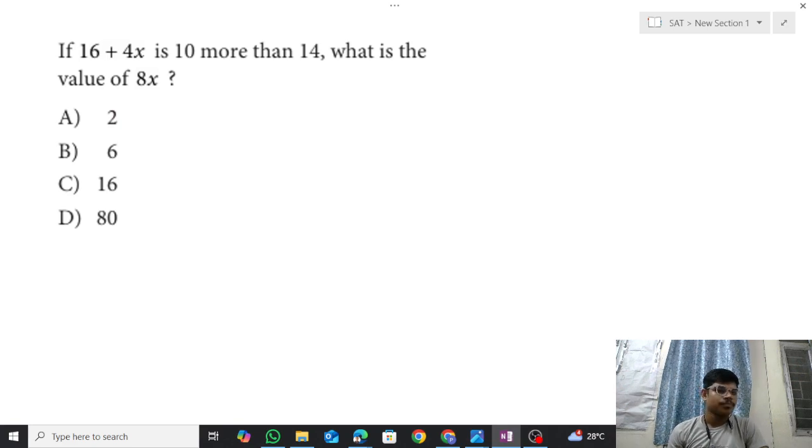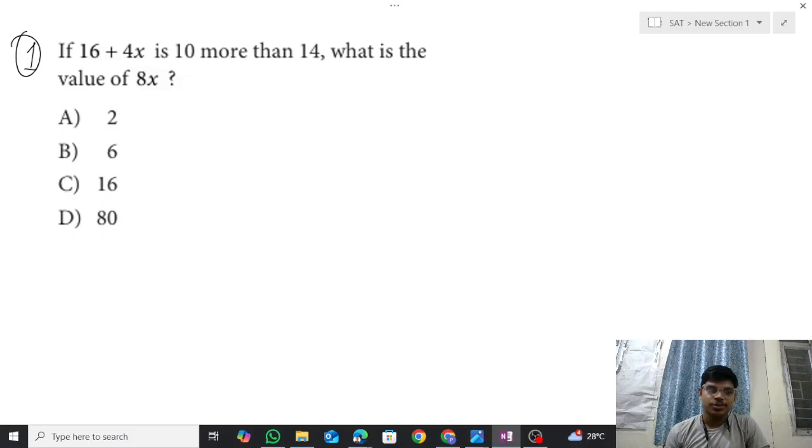Let's discuss the first question, question number one. Basically, we will do some problems. First, we will understand the problem, and we will discuss the concept that is used in the solution.